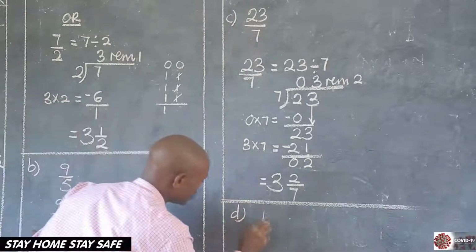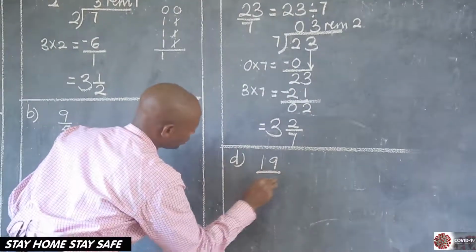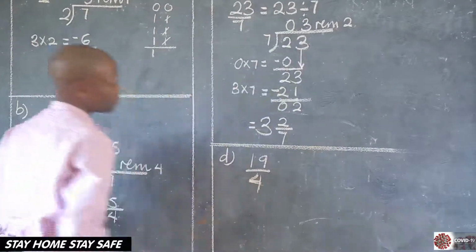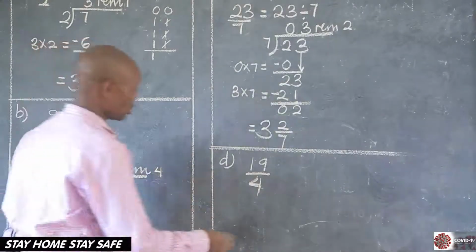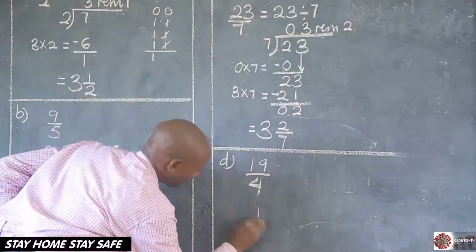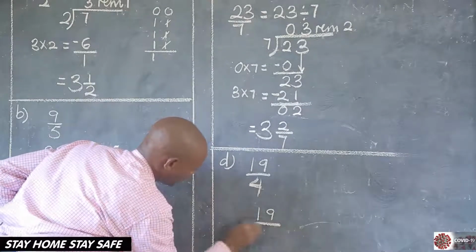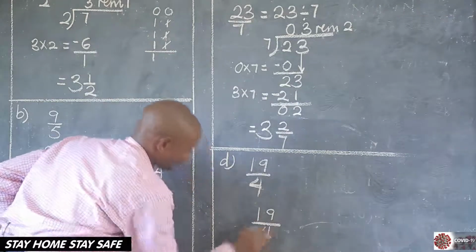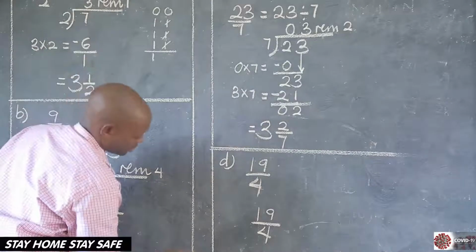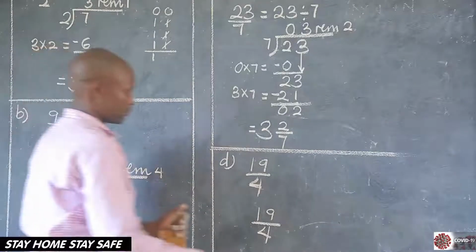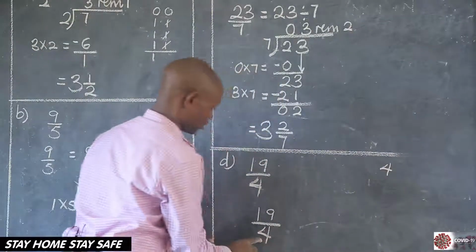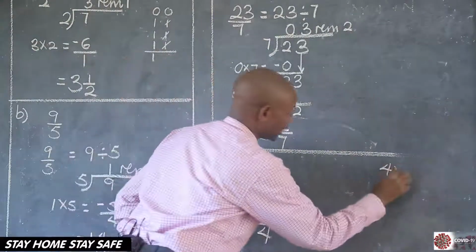Assuming I have given you 19 out of 4, and I want you to change this one into an improper fraction. For those who know cancelling, we are going to have 19 divided by 4. Then you use cancelling. 4 table. How many 4s can I get from 19?